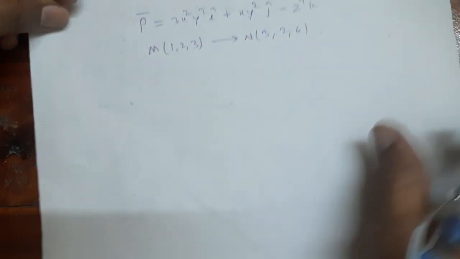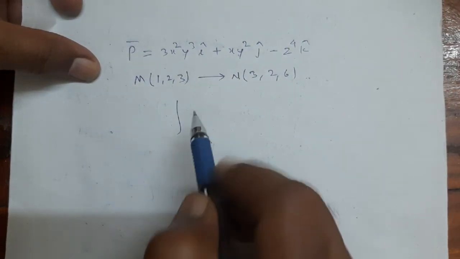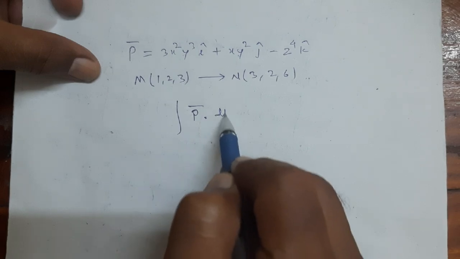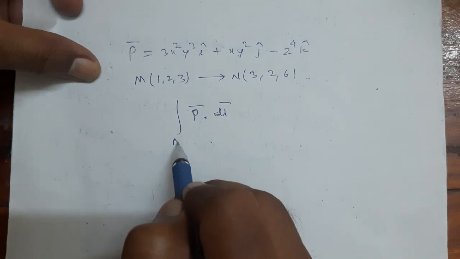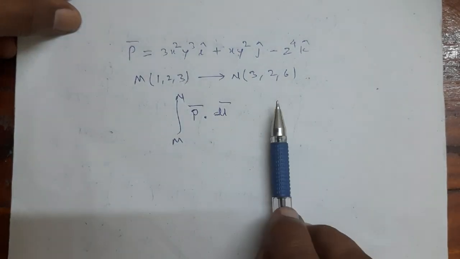Now try to find the line integral of this. That means try to find integration of p bar dot dl bar from M to N. This will be the homework for you. Thank you.